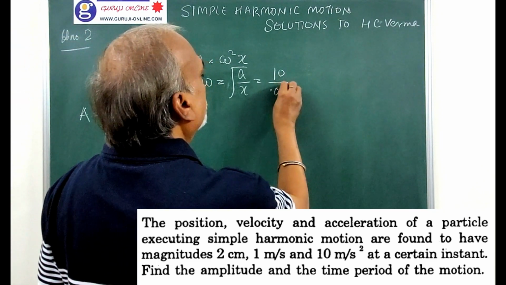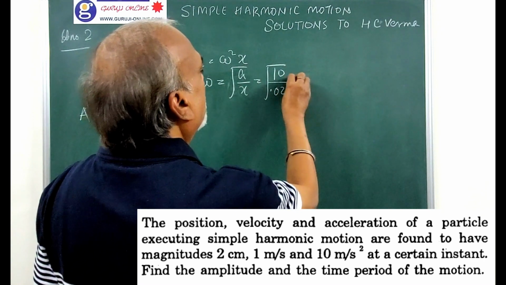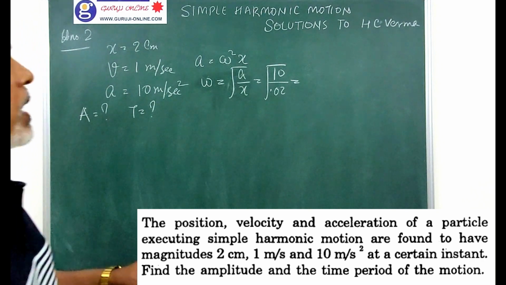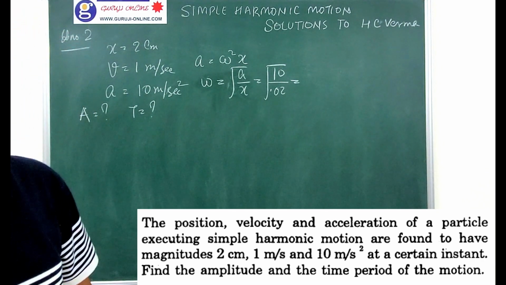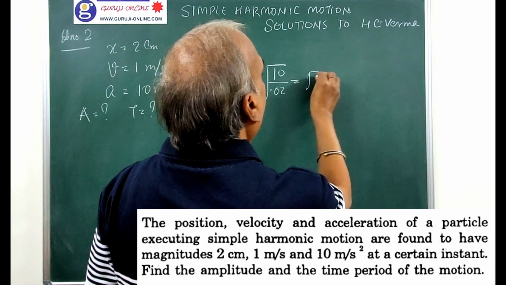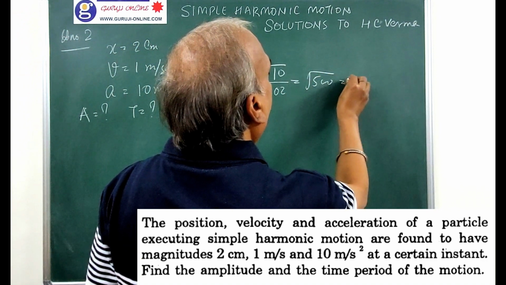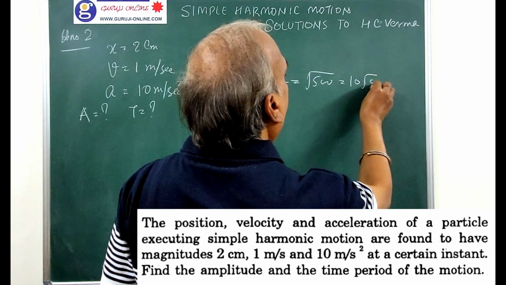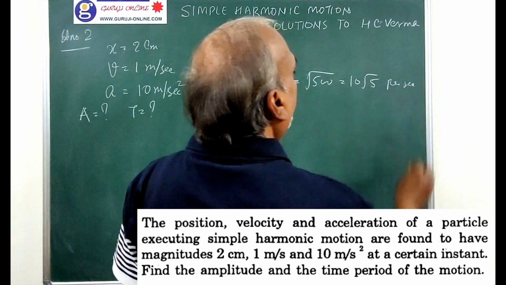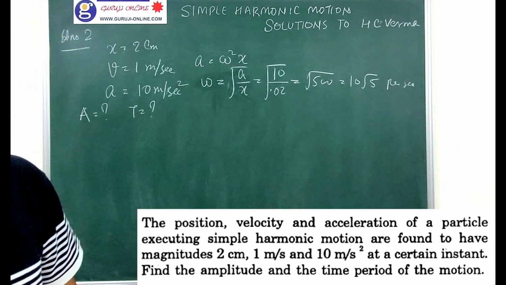We can write it as 0.02. So omega will be your root of 500, correct.